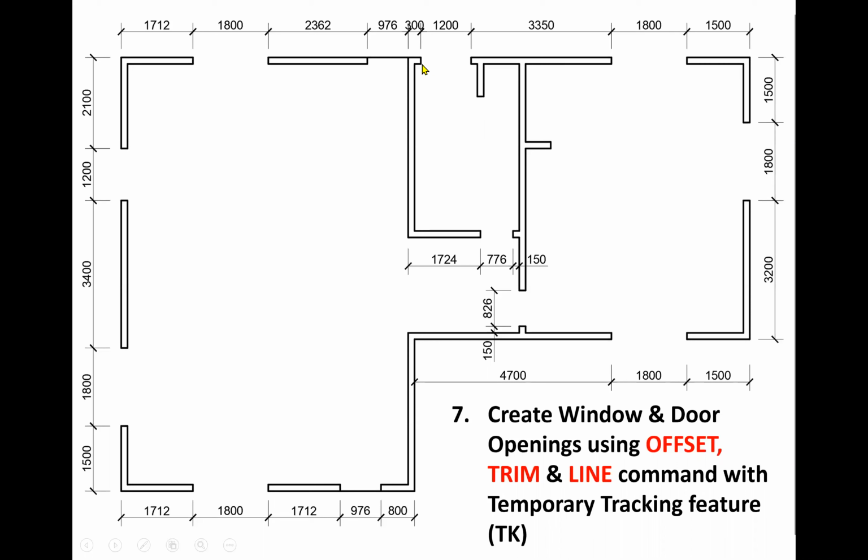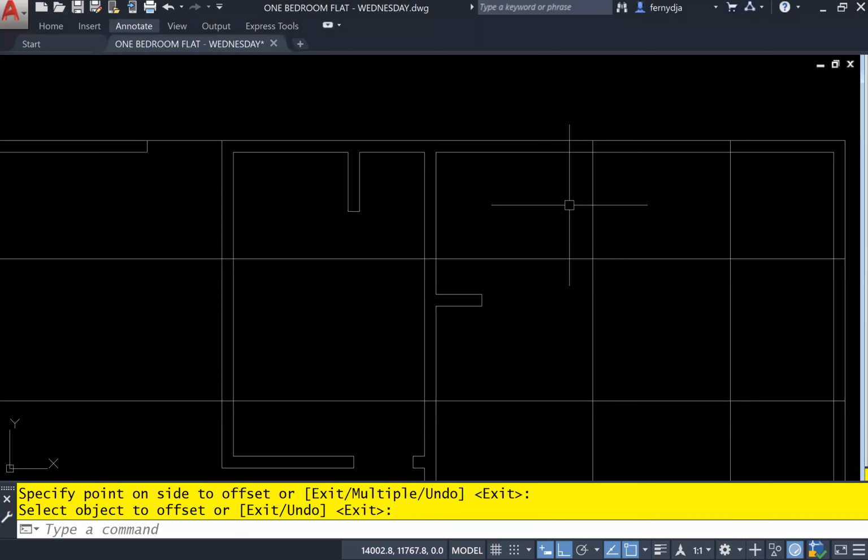So I'm going to do all the offsetting, and I'm going to show you how we can just trim all those lines simultaneously. So I'm taking a different approach from the door. I treated them one by one. This time we're going to do all of them and we just trim them together simultaneously. All right, so that means if I go back to my drawing, I can offset this line 3350, and I can get the window for the bathroom.